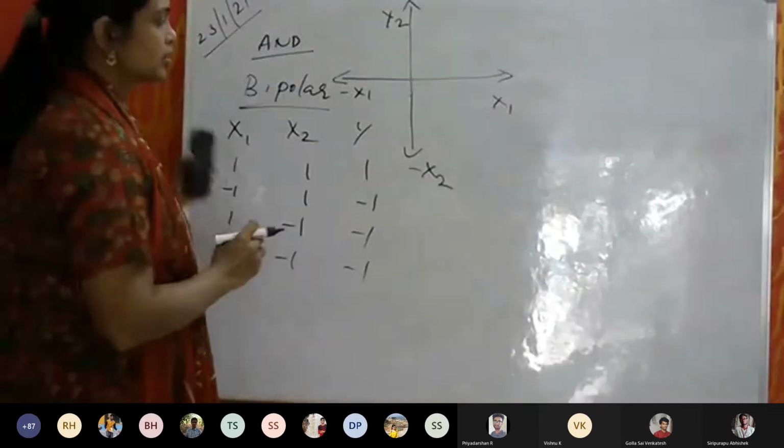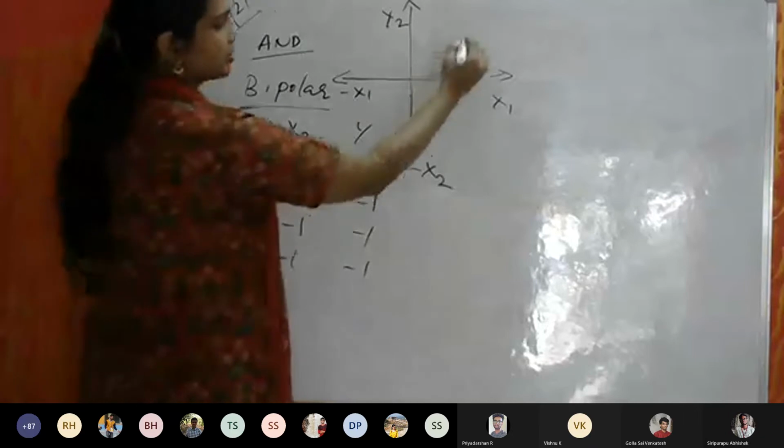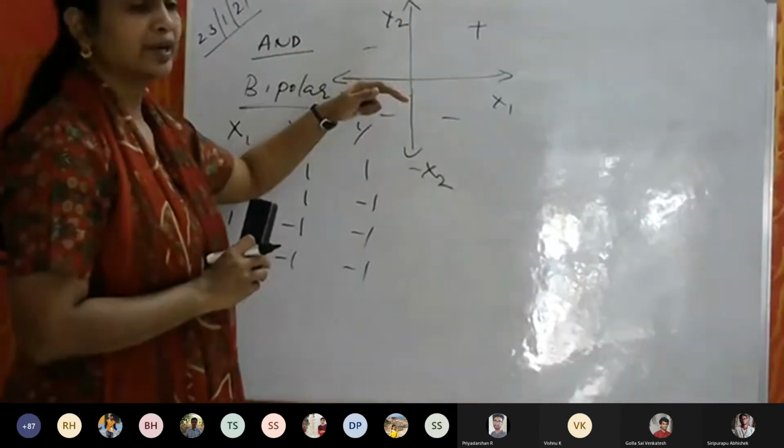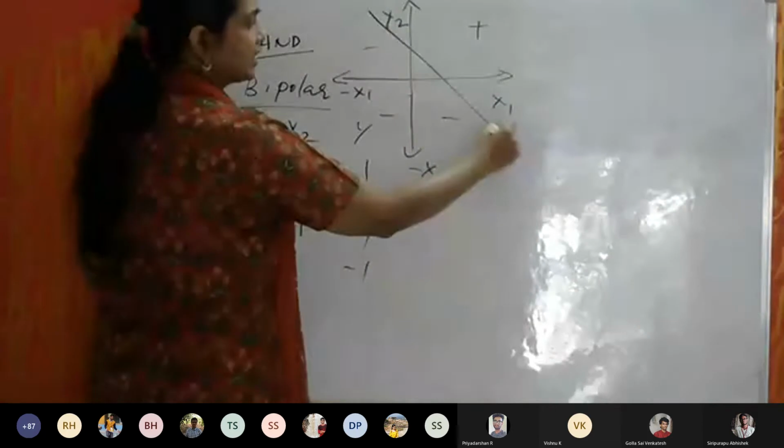Based on my output, when both x1 and x2 are positive, I get a positive, rest all is negative. So I want to have a linear separable line that separates the response for me. So I will have a line like this. It will separate the response like this.